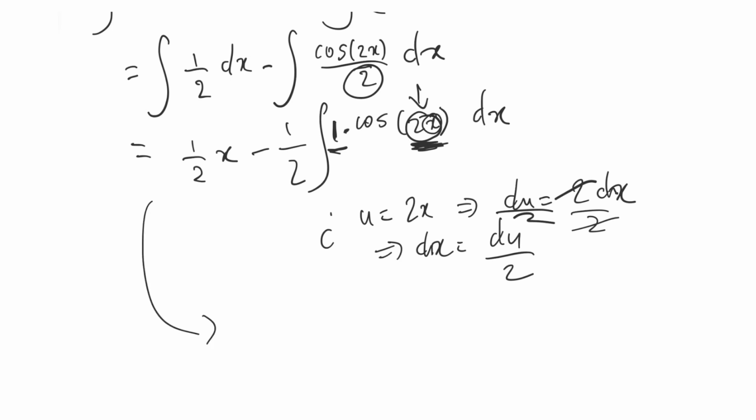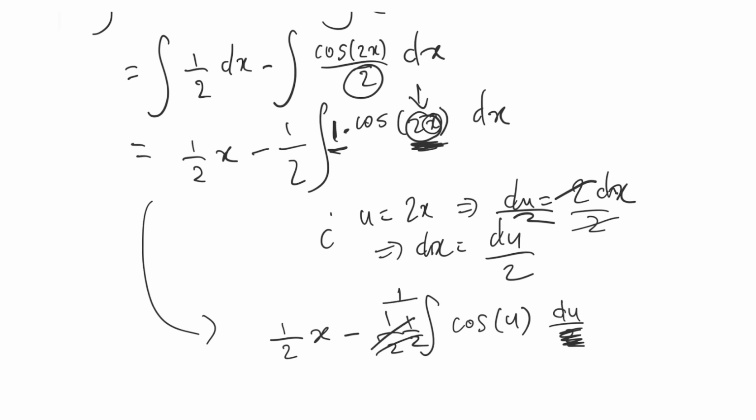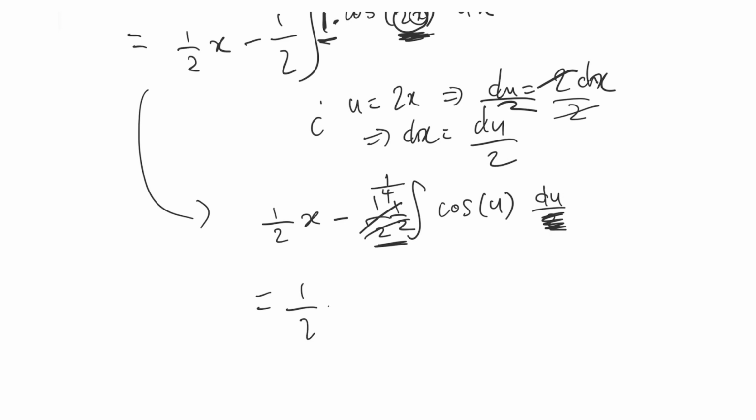So we get 1 half x minus 1 over 2 cosine of u, because 2x is u, du over 2. You can take this constant out again, so we would have 1 over 2, multiplying these two, we would get 1 over 4. Then we would get 1 over 2x minus 1 over 4.